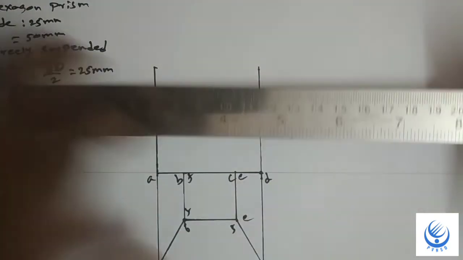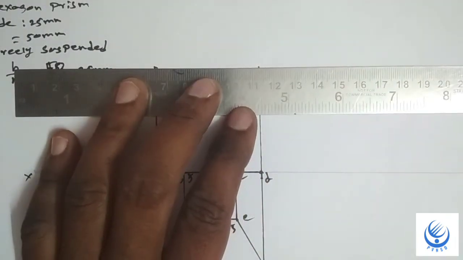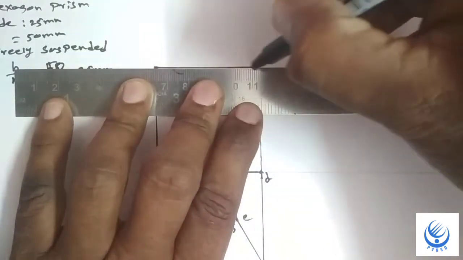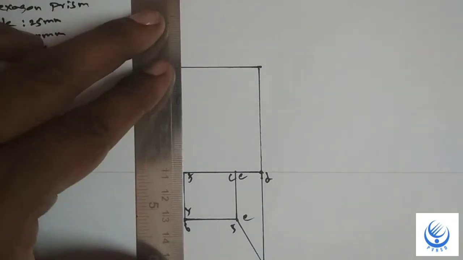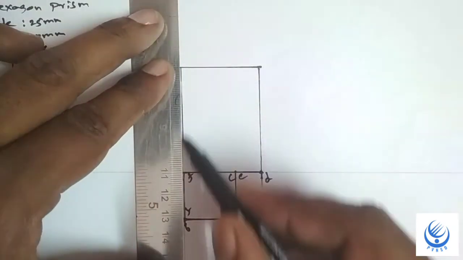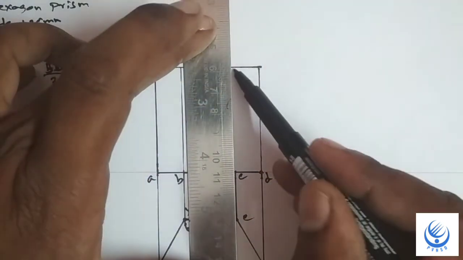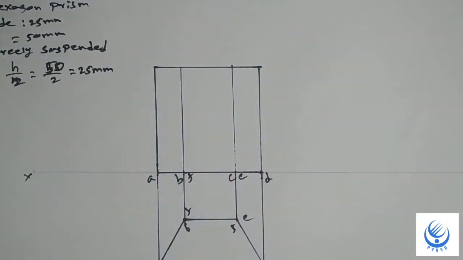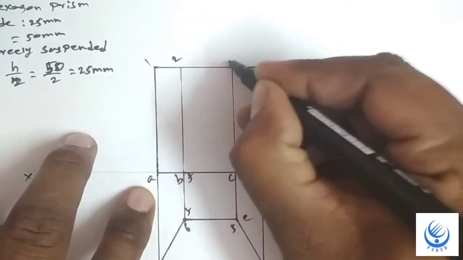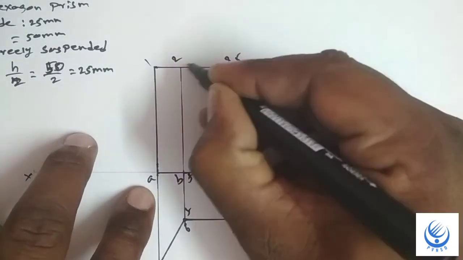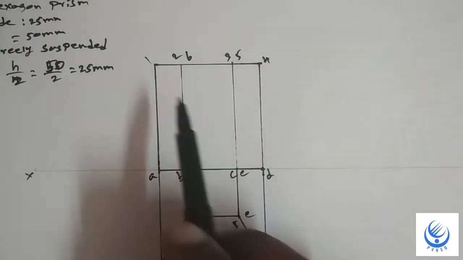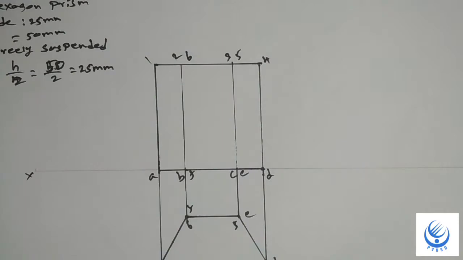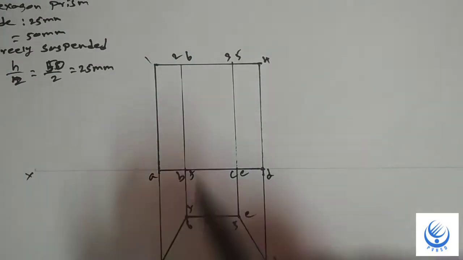After completion of the height, you will get the top. Next, project the in-between lines. Then mark the letters: the base is A, B, C, D, E, F and the top is 1, 2, 3, 4, 5, 6. Right, the second stage is over.